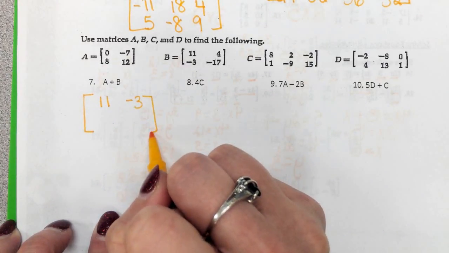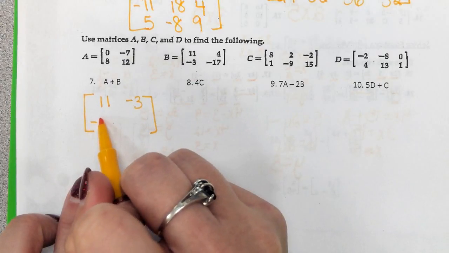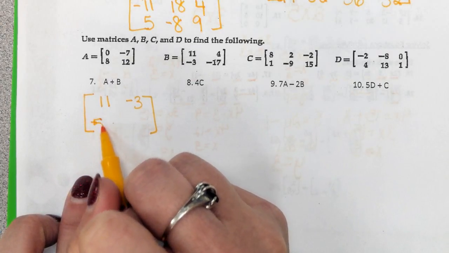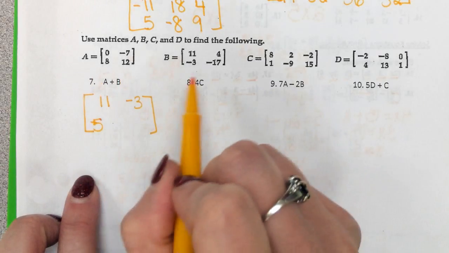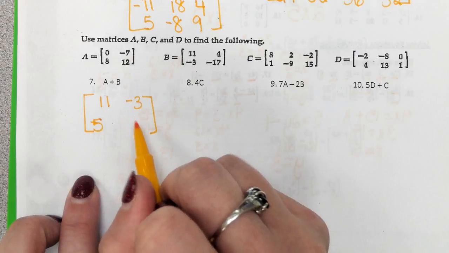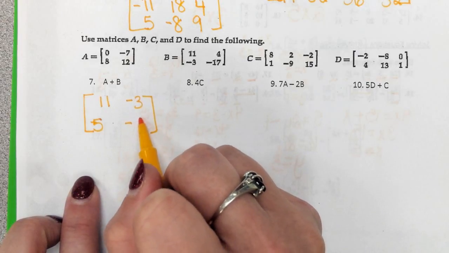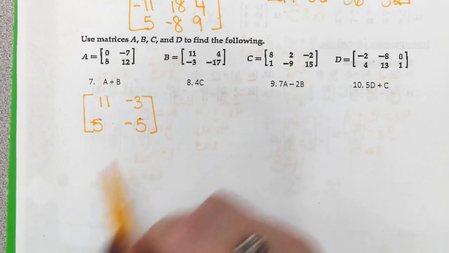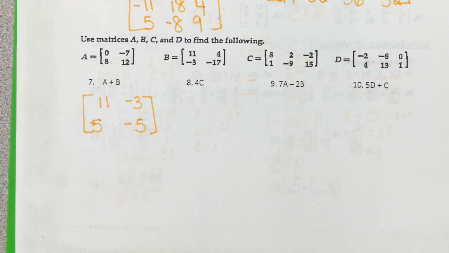Yeah. Positive 5. Yep. I was just about to multiply those two. Oops. And then what's 12 plus negative 17? Negative 5. Very good. Y'all okay?